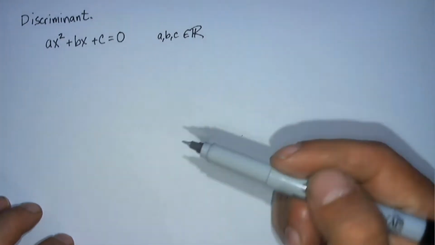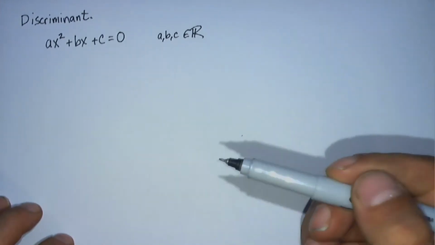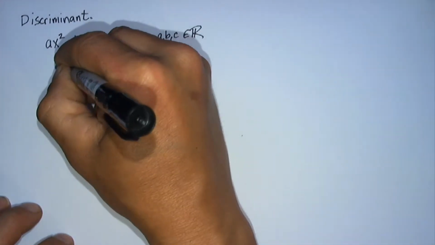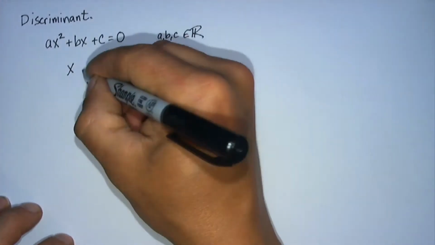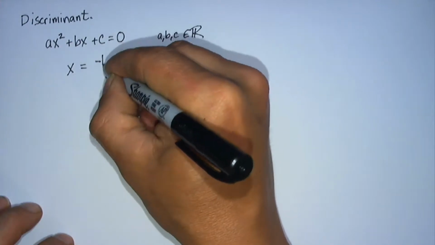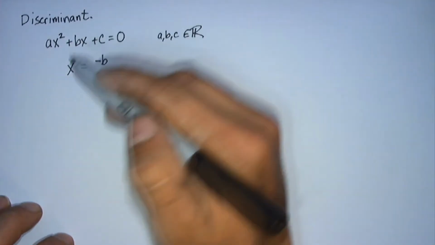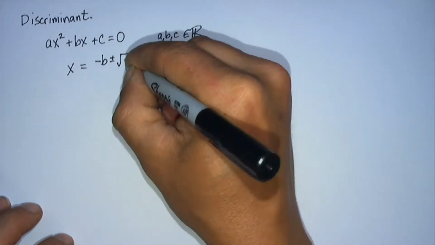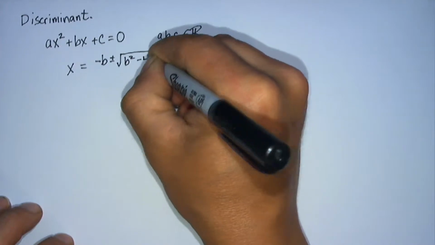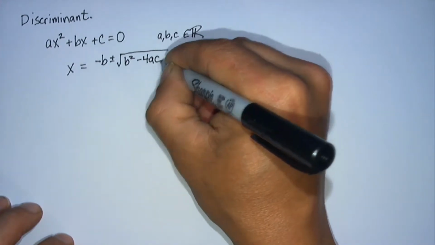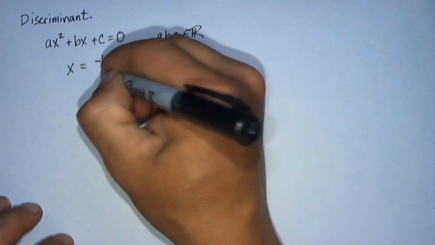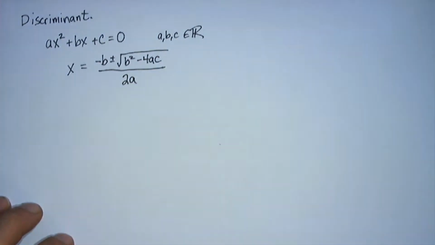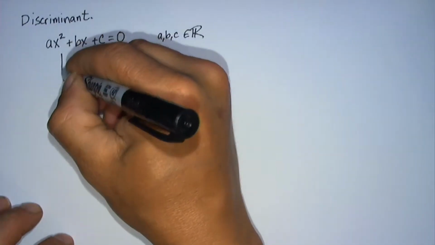The formula to solve this, and we're going to look at this more in the next lecture, is what's called the quadratic formula, and that is x is equal to the opposite of b, which is this middle term here, plus or minus the square root of that middle term squared minus 4 times the first term times the last term, divided by 2 times the first term. And this is what is known as the quadratic formula.